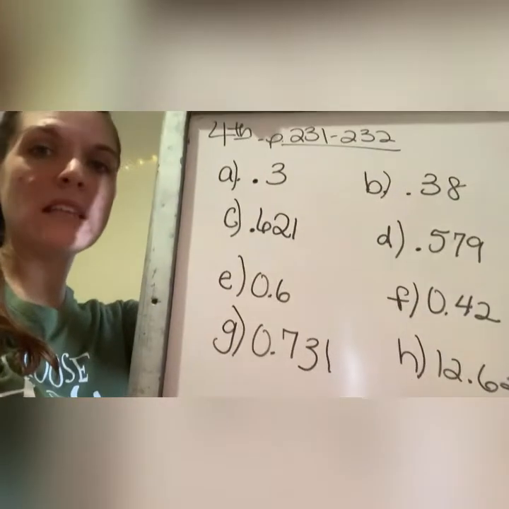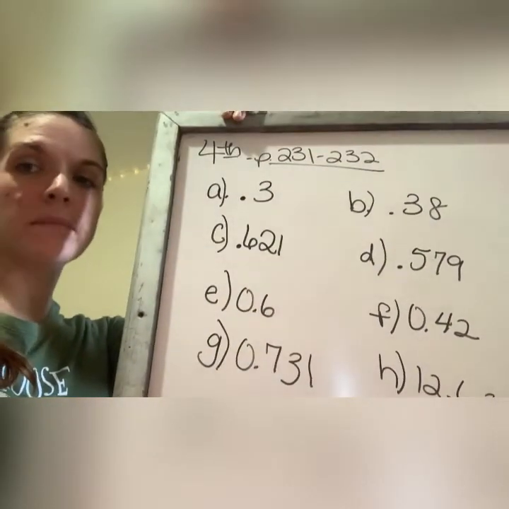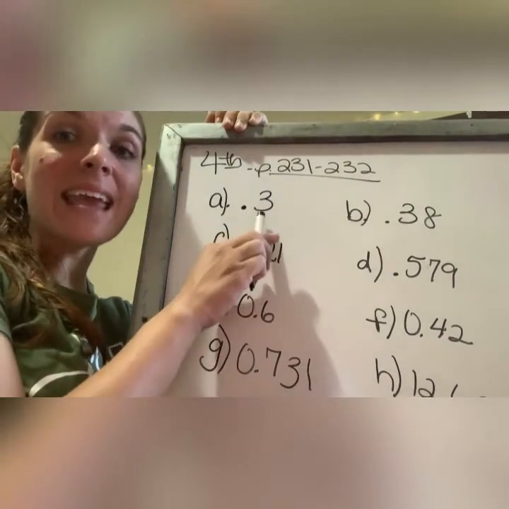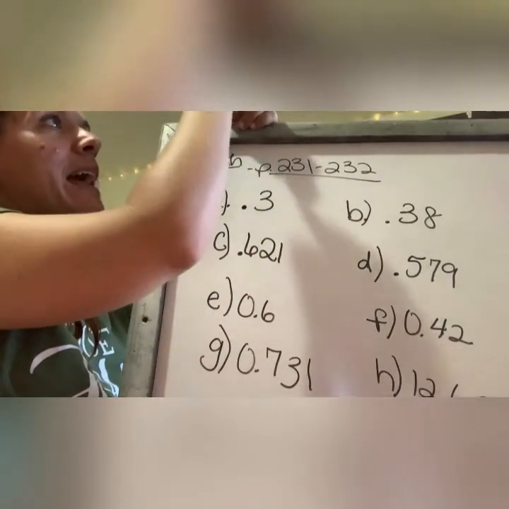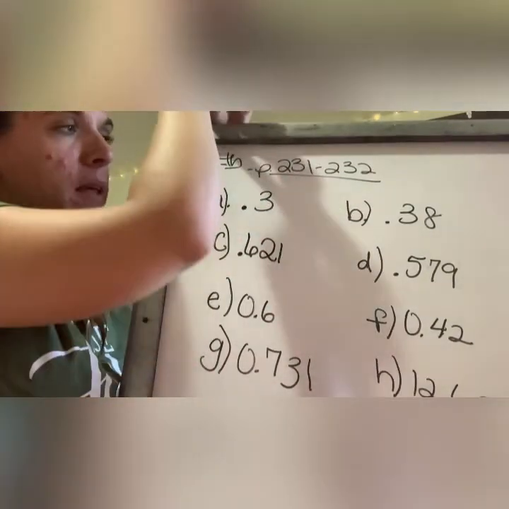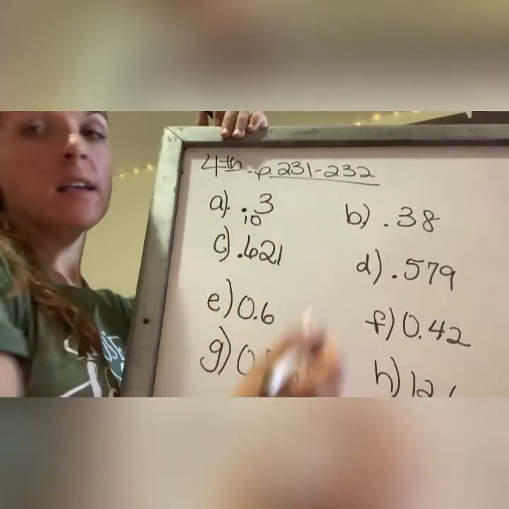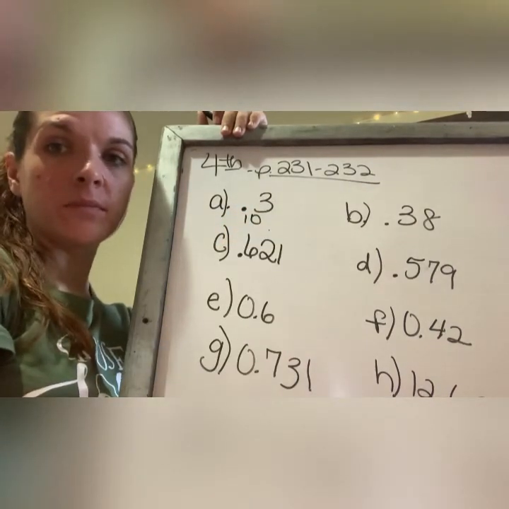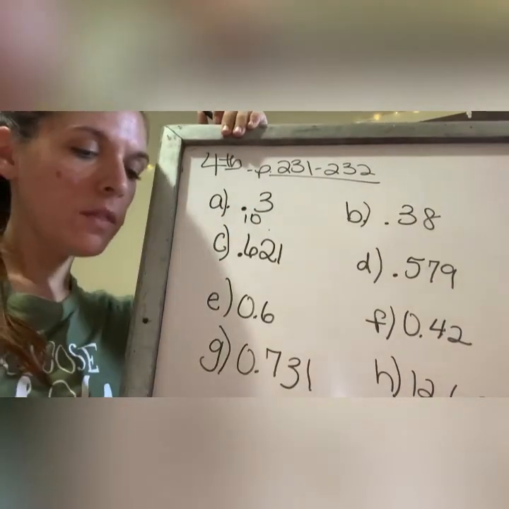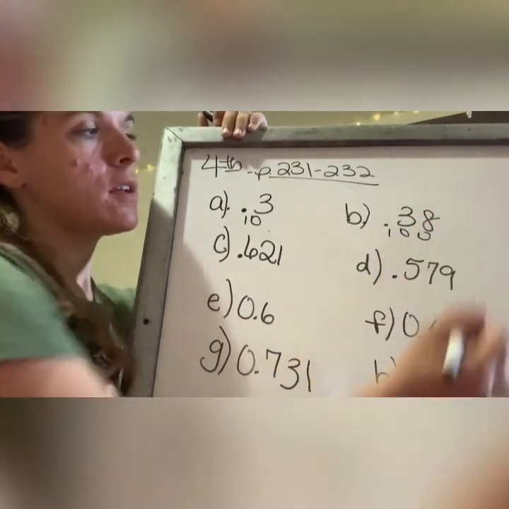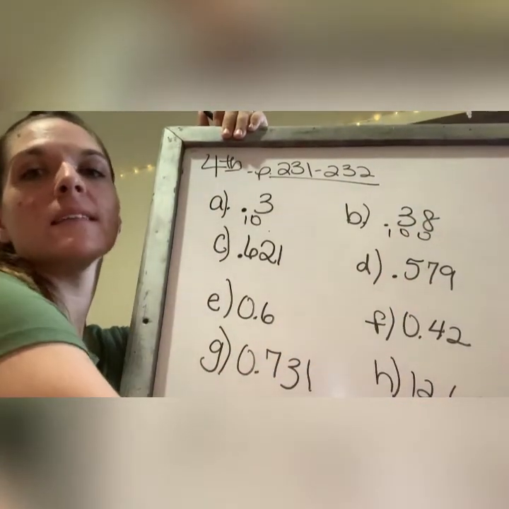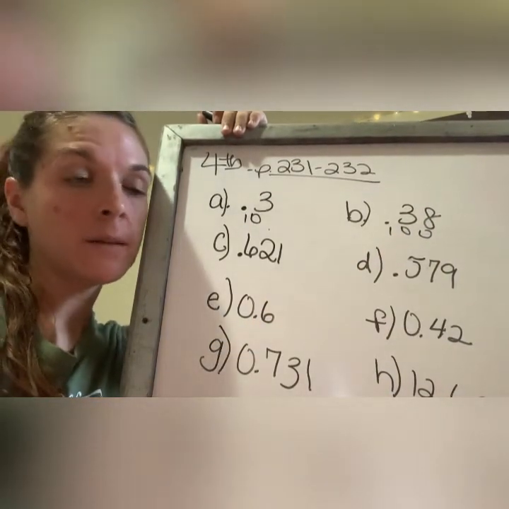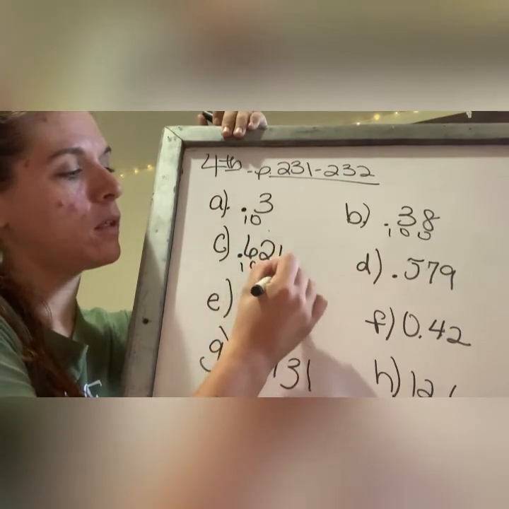Okay, let's just read these numbers right now. I'm going to teach you how to read them. You have to look at what place they end in. So like this one right here is the tenths place. We know that, right? Tenths place. So we say 3/10. Okay? This one is your hundredths. Ends in the hundredths place, right? Because the 8 is in the hundredths place. So you say 38 hundredths. That's your thousandths.